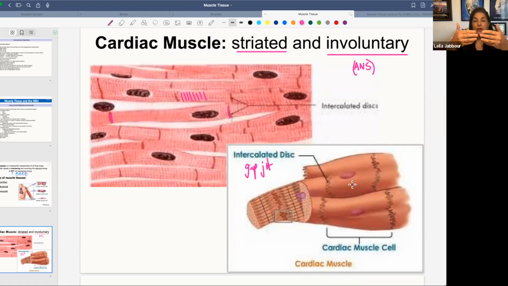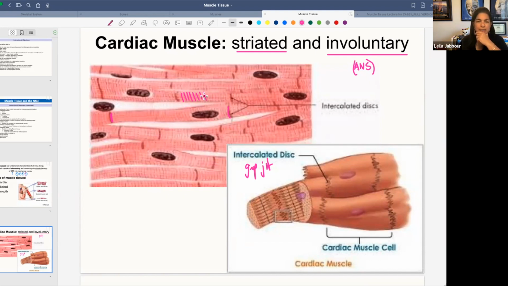Gap junctions are basically membrane proteins that form tunnels between cells to allow the exchange of content between the cells. So there's exchange between the cells via these gap junctions. And this is going to be very important for the exchange of ions between the cells, and so the action potential can propagate across the cells and all the cells can contract.